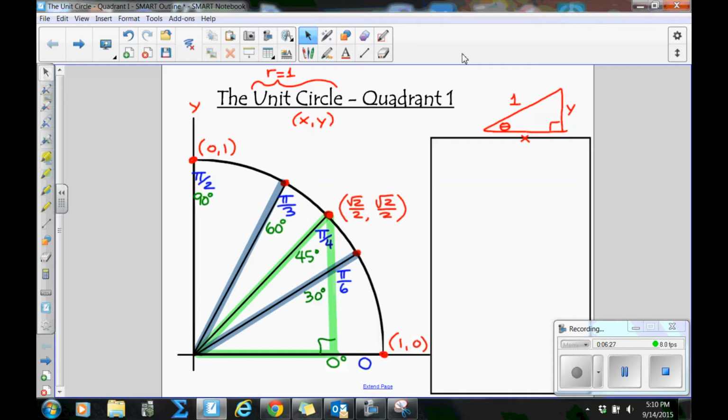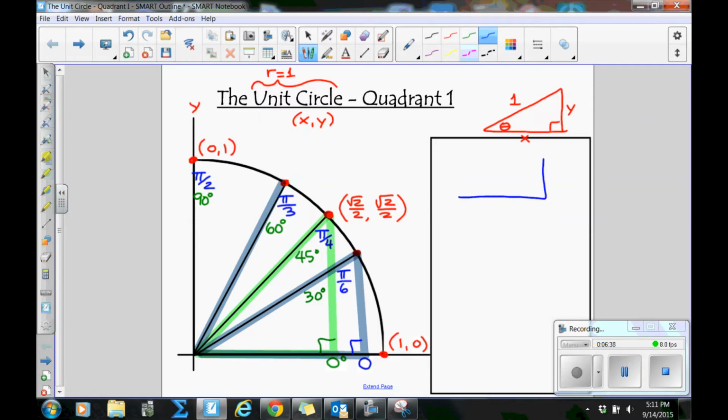So now, if I want to change my 30-degree angle into a right triangle, what's most helpful, besides remembering that the radius is 1, so the hypotenuse is 1, is that a 30, 60, 90 triangle is half of an equilateral triangle.